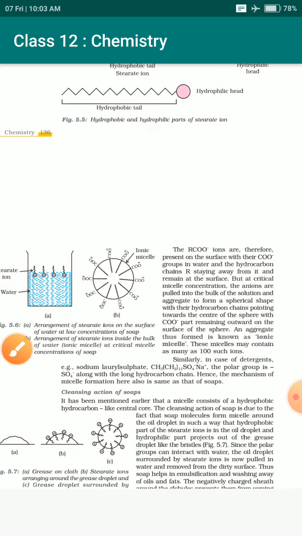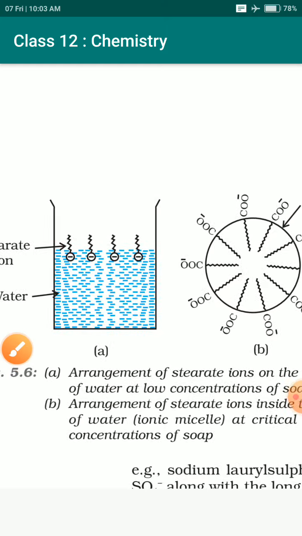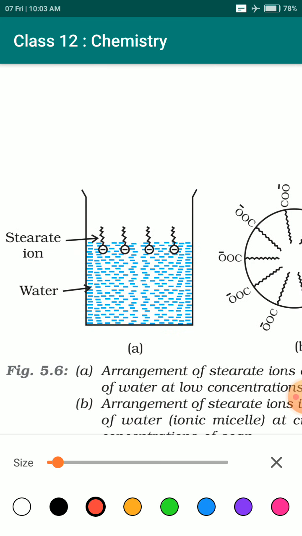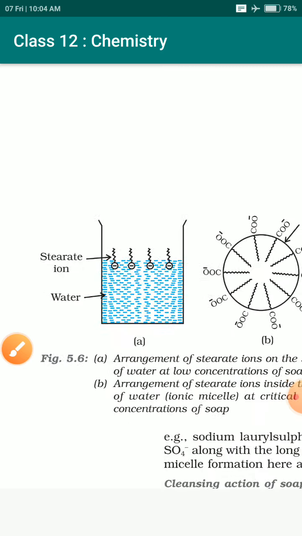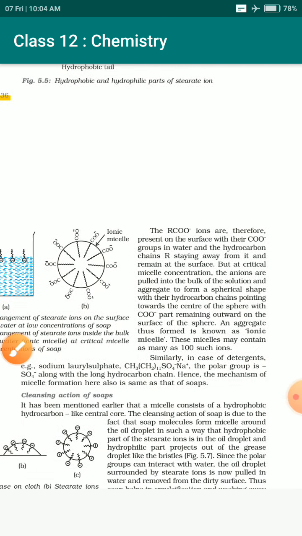As you can see very clearly, this hydrophilic part is attracted towards the water molecule, whereas the hydrophobic part, the R part, does not get attracted toward water, and it is placed out of the water. It just stays away from the water.